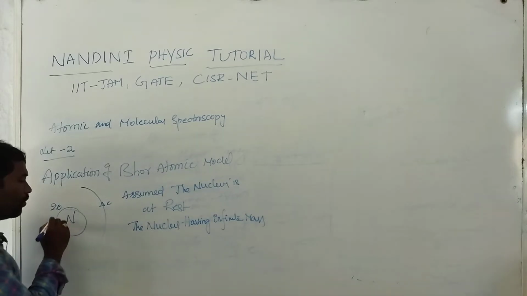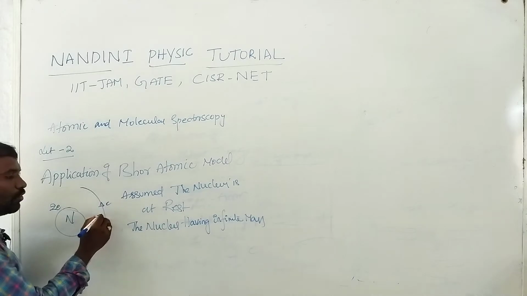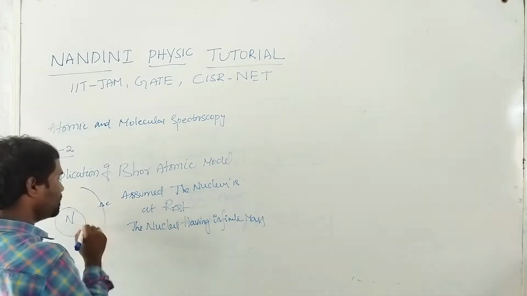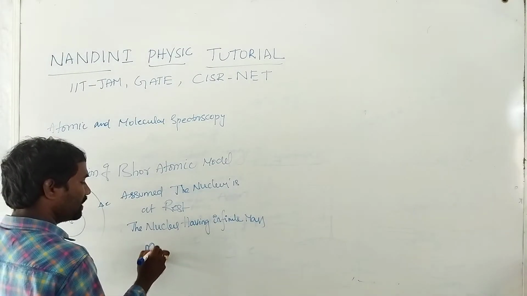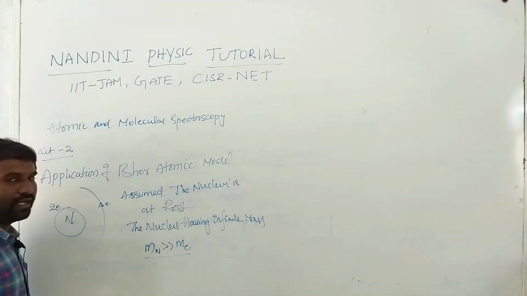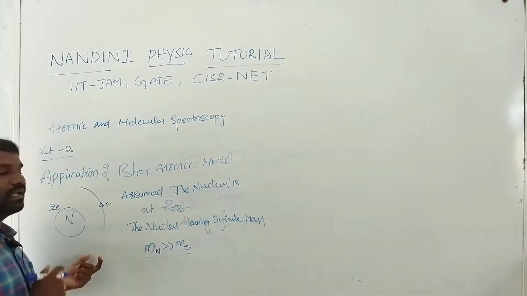So this is the nucleus of the atom, the charge of the nucleus is Ze, and this is the electron. That means the mass of the nucleus is much greater than the mass of the electron. So this is the condition he considered to prove this atomic model.